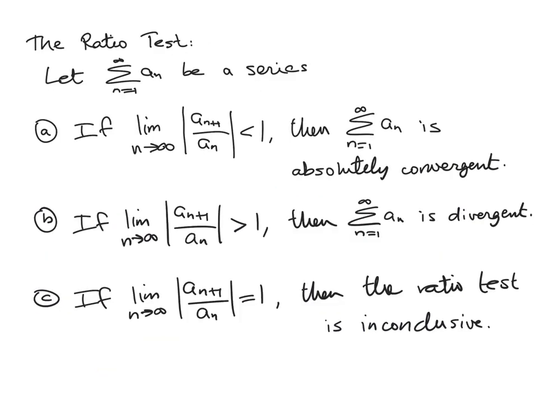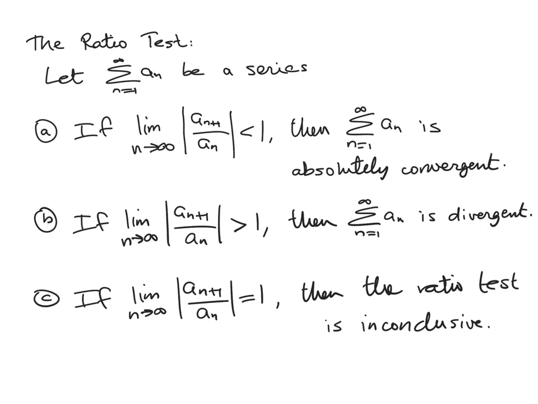Okay, so here's our next test. Actually, it's the last test we're going to have to learn as far as testing convergence of a series. So if you have a series, and we'll just call it the sum n goes from 1 to infinity of a_n, we are going to be able to test its absolute convergence using the ratio test.